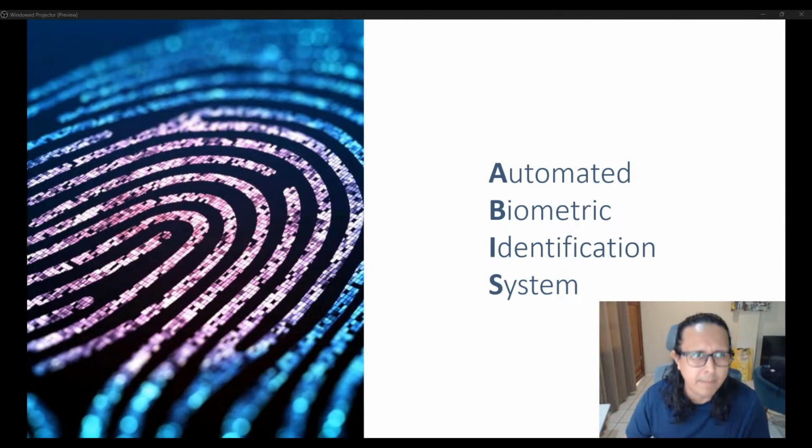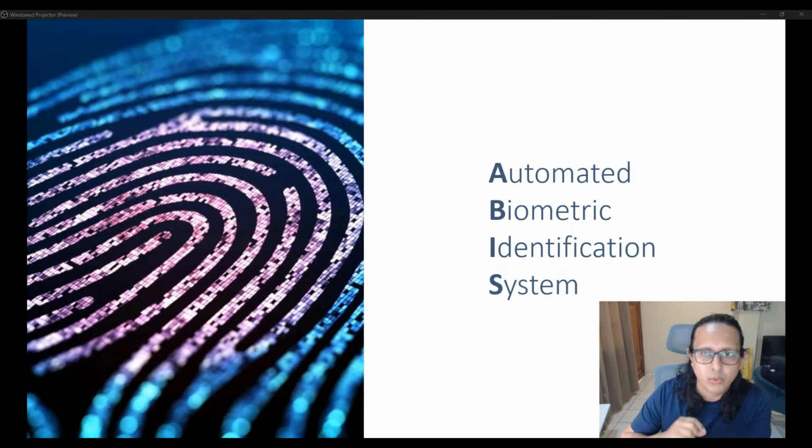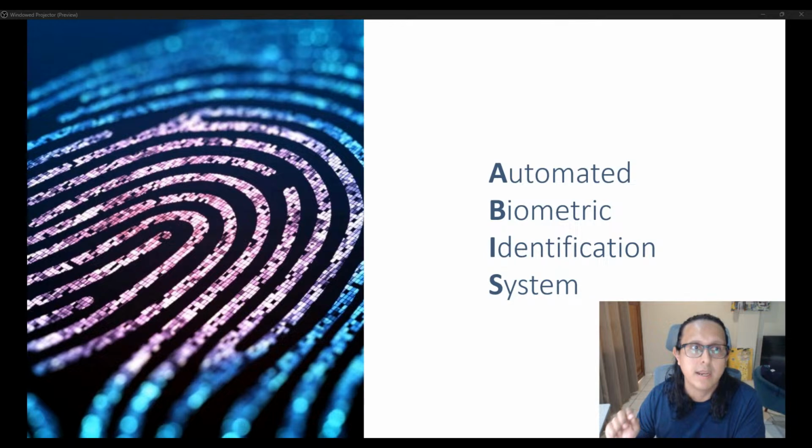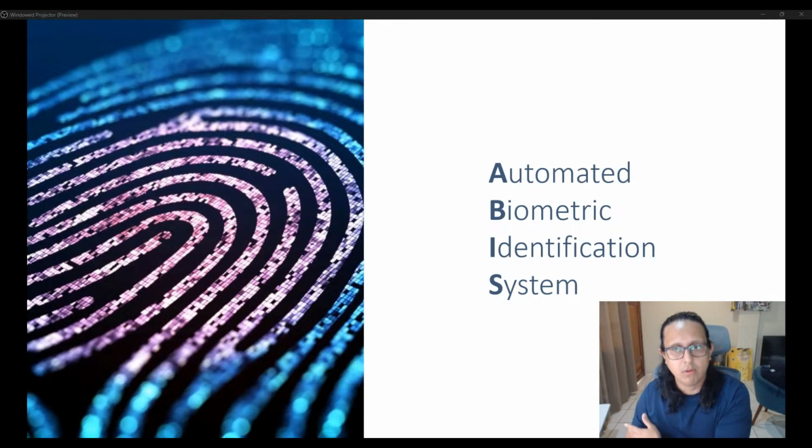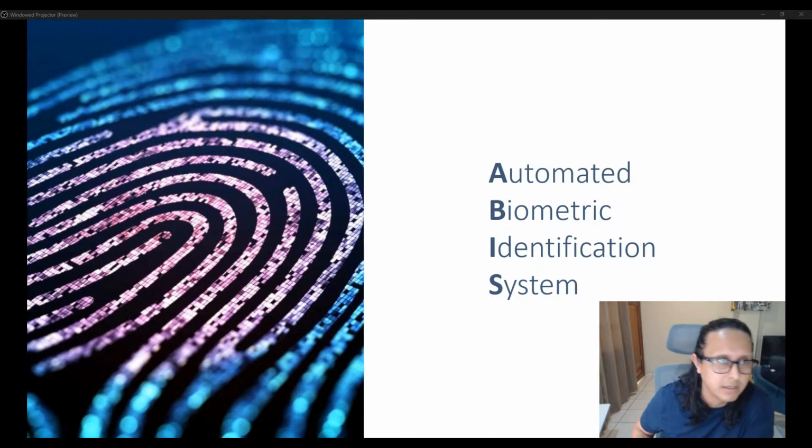This is what we have today because we use biometrics, not only fingerprints. What the FBI created, I think in 1976, they started with the AFIS, which is the automated fingerprint identification system. But today we use every single biometric that we can get our hands on.